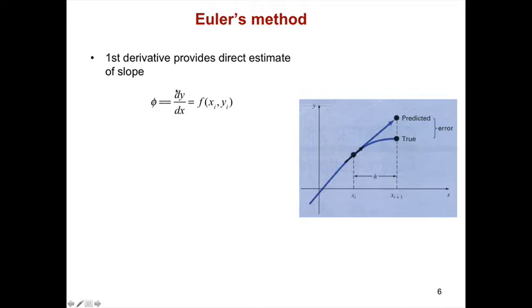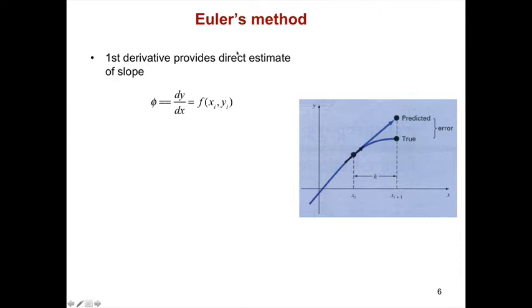So essentially, my slope is dy dx evaluated at this point xi. Okay? So this is where my slope is taking me to some predicted value. My true value is not that. This is the first approximation to it. Okay? But I'm hopefully relatively close. And I know in numerical methods that I'm always going to have some error. I just have to figure out how much.